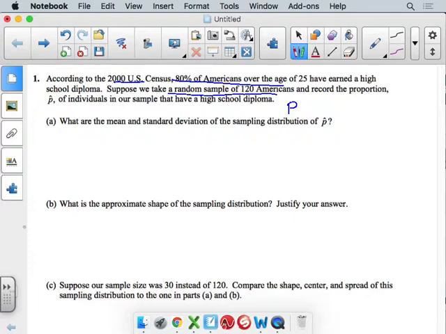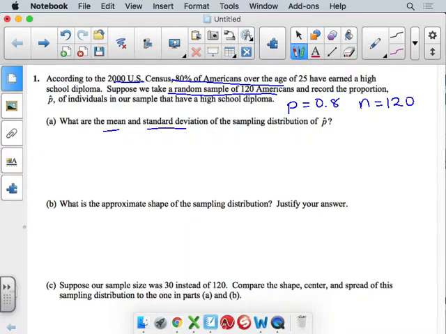So if it was the case in 2000, let's say this was 2005, that's our best data. So our P, the best guess, is 80%, and we did a sample of 120. It's just one sample of 120. Okay, so what are the mean and standard deviation?